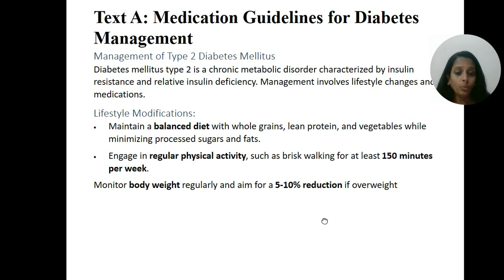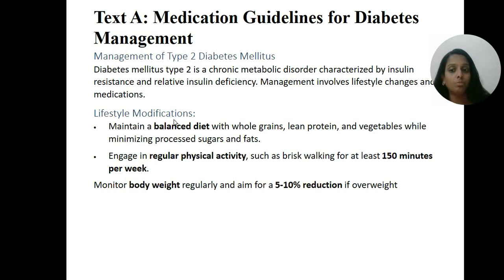Please, you can pause the video and read it by yourself, or else, if you want, you can come back when I'm moving to the next slide. Management of type 2 diabetes mellitus. Diabetes mellitus type 2 is a chronic metabolic disorder characterized by insulin resistance and relative insulin deficiency. Management involves lifestyle changes and medication.